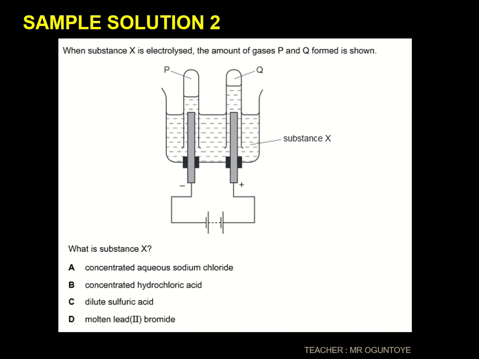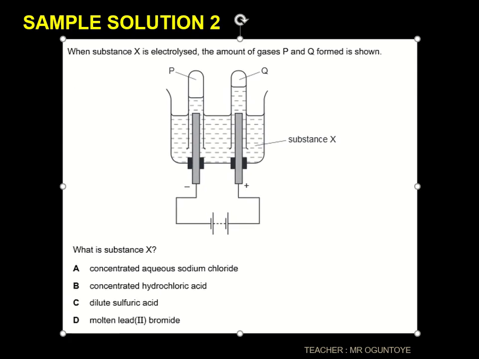Concentrated sodium chloride, we have both sodium ion and hydrogen ion migrating towards the cathode because they are cations, but basically it's hydrogen that will be discharged here in preference to sodium.